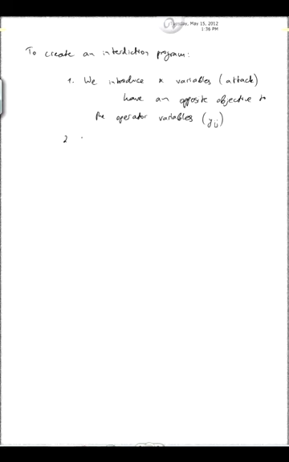The second part is that we can introduce arbitrary constraints that involve only the x variables. So these are the kinds of constraints that tell us what kinds of arcs we can attack.